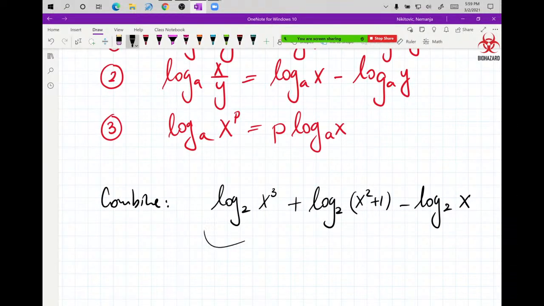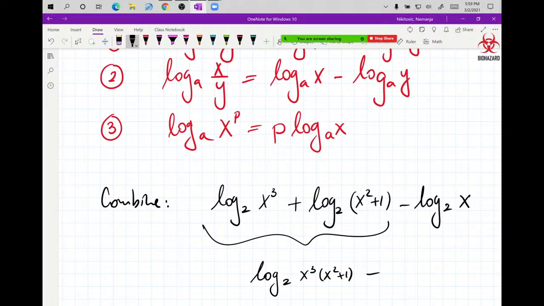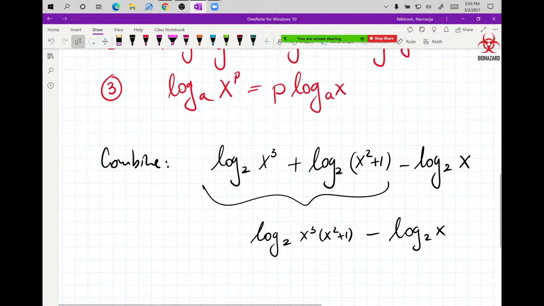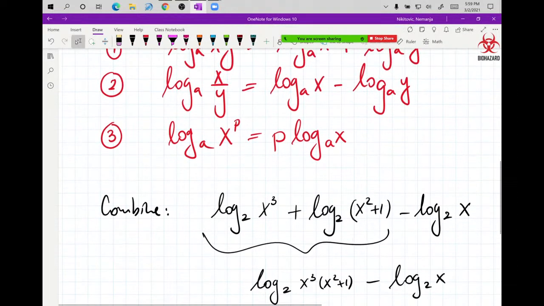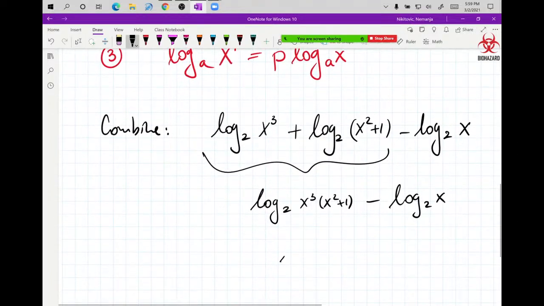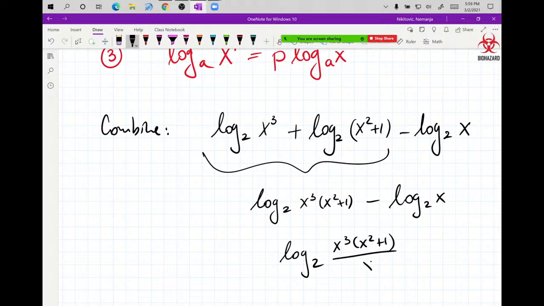So these two will immediately become log 2 of x cubed times x squared plus 1. And then you still have to subtract this. Now that will be the division, which is our rule 2. So log base 2 of x cubed times x squared plus 1, divided by x.